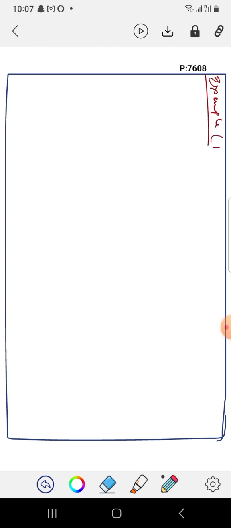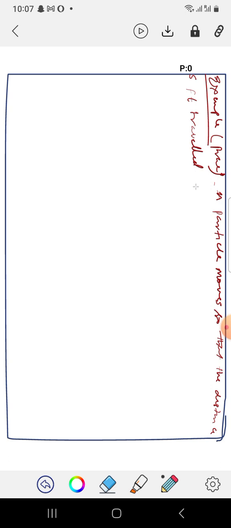Example, practical. A particle moves so that the distance s feet traveled after t seconds is given by distance s equals f of t. It is a function of t, not f times t.